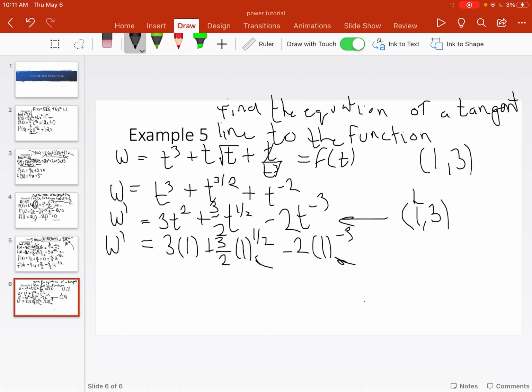And 1 to the power of anything is just 1. So this just comes down to 3 plus 3 over 2 minus 2. And this is just 5 over 2.